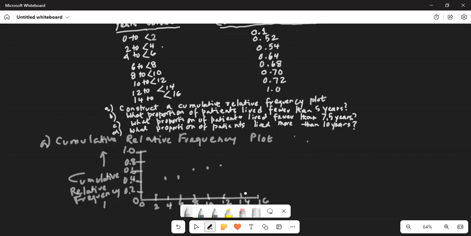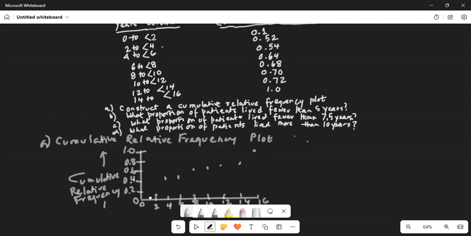Now, I did 10 to 12. Now I will do 12 to 14. So the endpoint of that age group on the horizontal axis is 14, and the cumulative relative frequency is 0.72. A slight change. And then 14 to 16 age group, the endpoint is 1. So it's something like this.